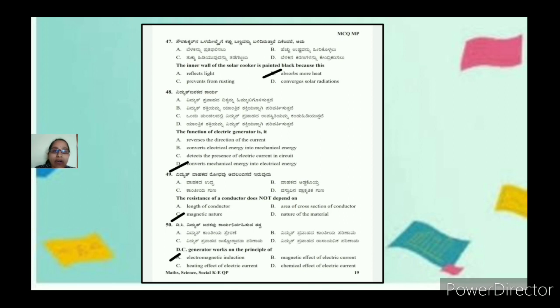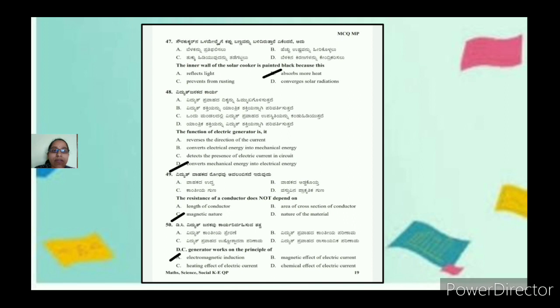Next, the function of electric generator is to convert mechanical energy into electrical energy. The resistance of a conductor does not depend on.